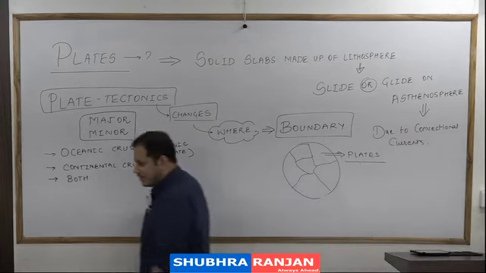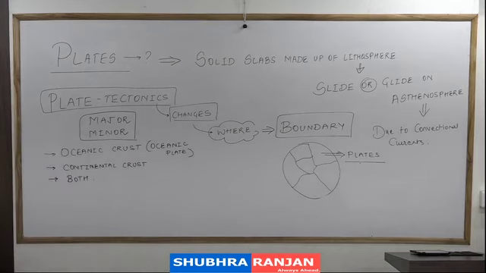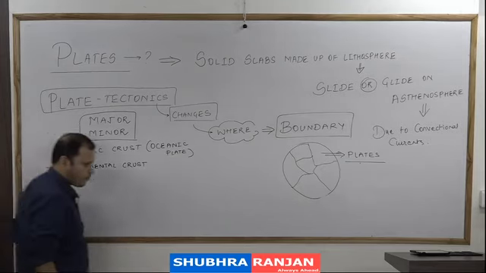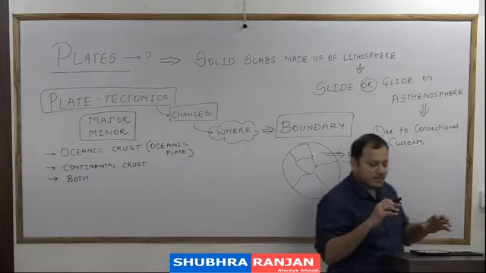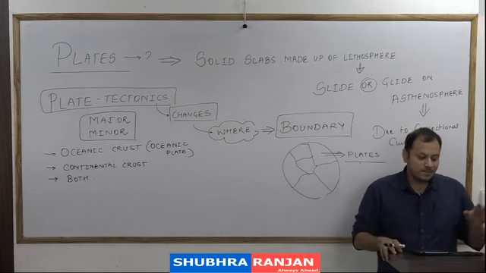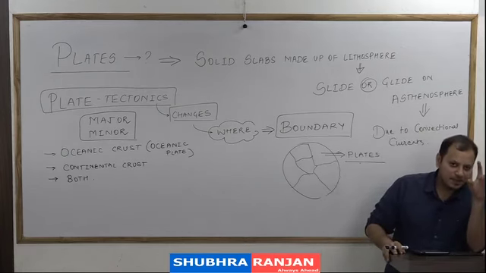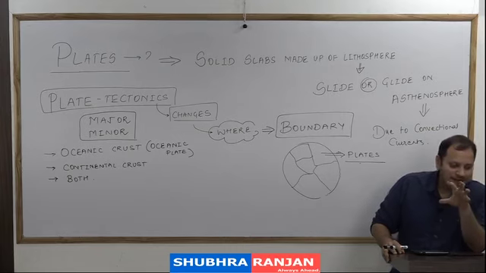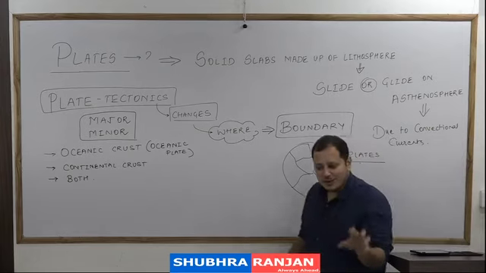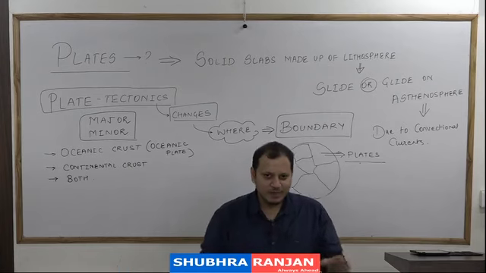Those who are carrying some other atlas, this is the page. So you can see the major plates in the world. First of all, can you see the North American plate properly? There is a North American plate, because now we know that it is not necessarily the continents that are moving. What are actually moving? Plates.